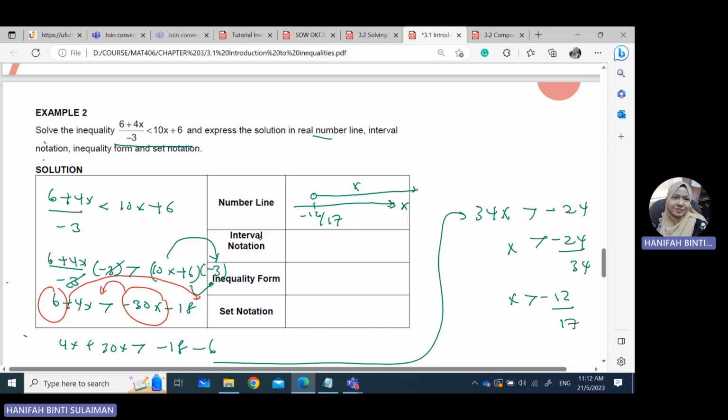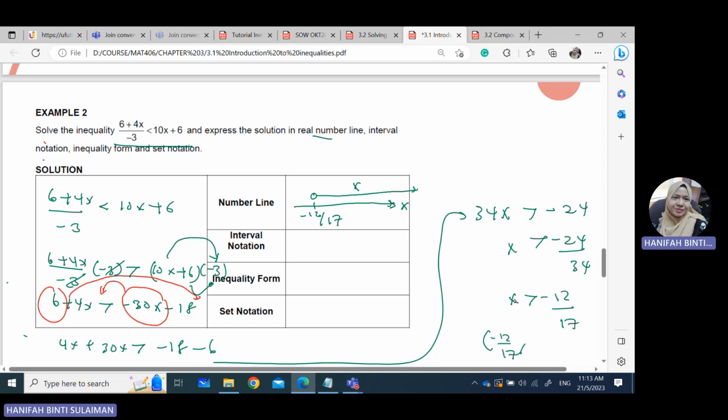Untuk interval notation, so interval notation biasa dalam bracket lah, sama ada close bracket ataupun open bracket. So, bergantung pada kita punya inequality. So, untuk yang ini, x greater than negative 12 over 17. So, kalau dalam interval notation, nilai yang paling kecil dekat sini lah negative 12 over 17.